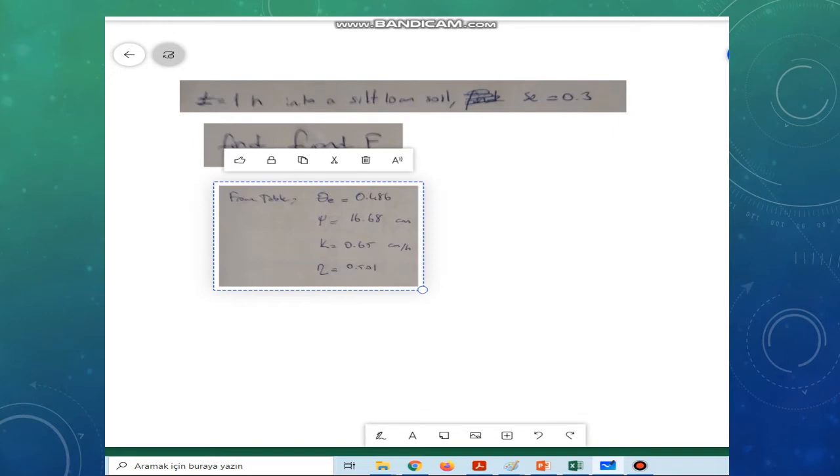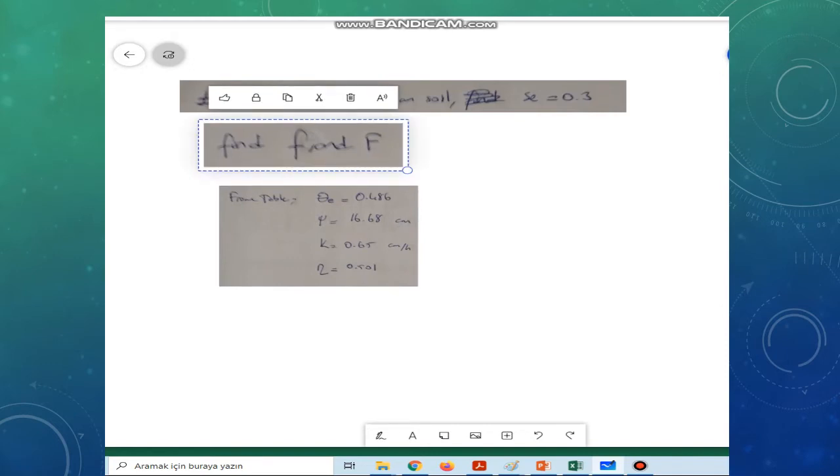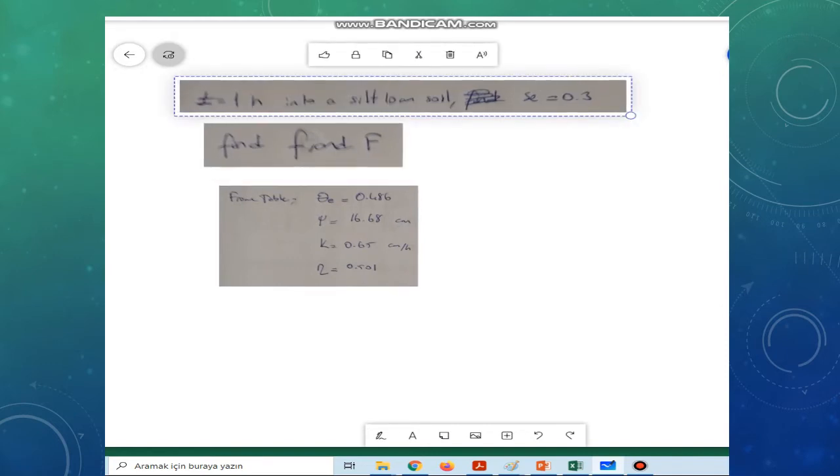Hydraulic conductivity is 0.65 centimeter per hour, and porosity is 0.501 for silt loam soil.